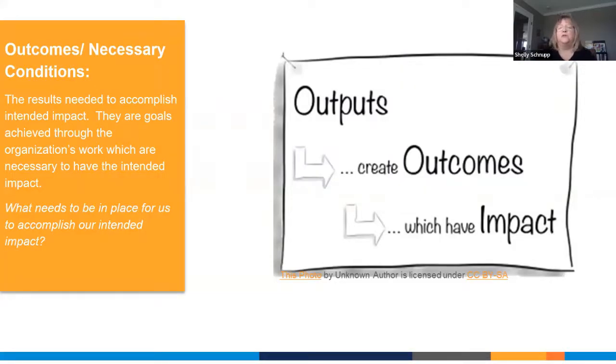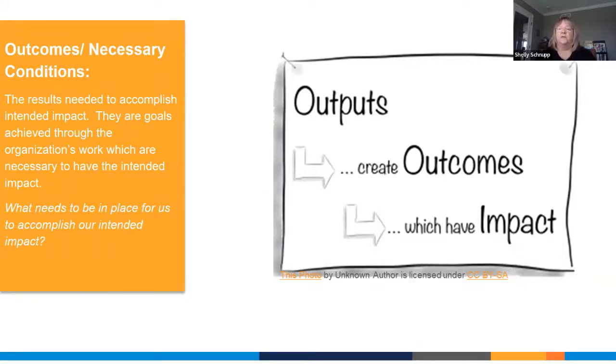Now, most of us are familiar with the concept of outcomes. We've had it beaten into us, we've had it beaten out of us. But really, outcomes we've learned over the years are critical. It's what our funders want to hear. It's what keeps us understanding whether we're making a difference or not.